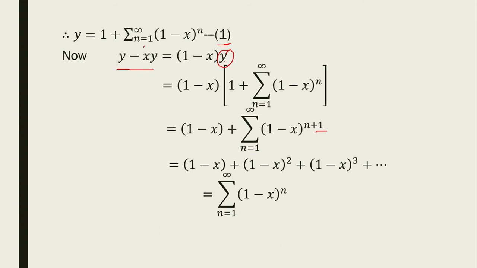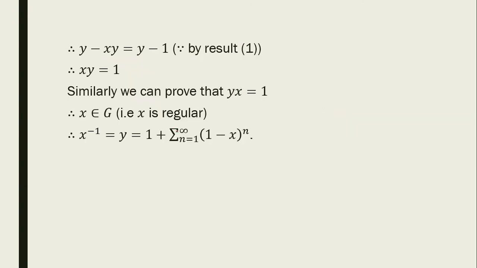So summation n equals 1 to infinity of (1 minus x) raised to n is equal to y minus 1. So y minus xy is equal to y minus 1. So y cancels, minus minus cancels, xy is equal to 1.